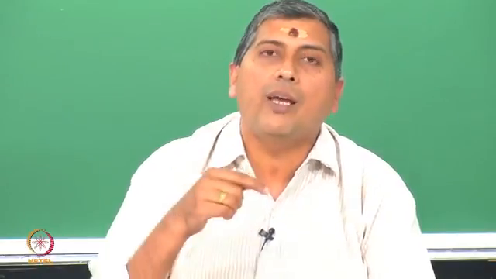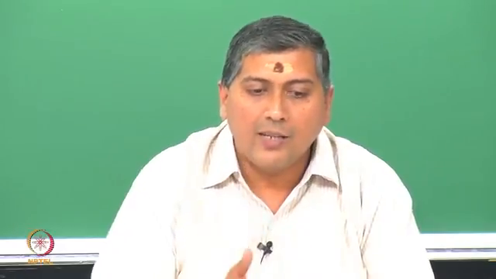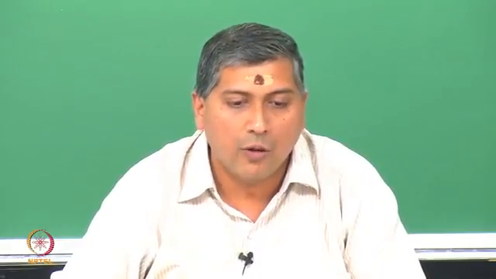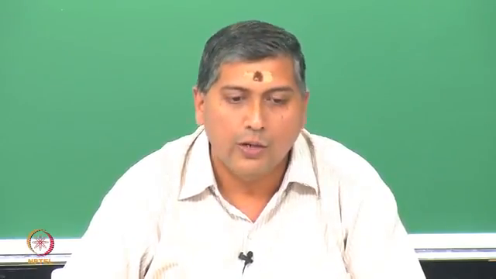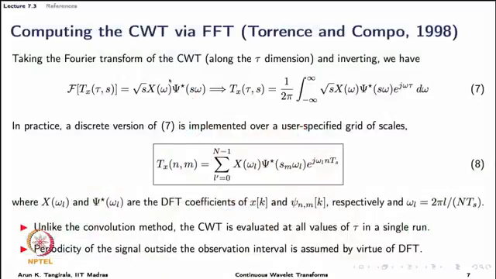The basic idea is to avoid the inner loop calculation in CWT, where I compute this convolution at each value of tau. With this algorithm, I compute the wavelet transform at a single scale in one shot for all values of tau. How do I do that? The Fourier transform helps me do that. The 1-dimensional Fourier transform of the CWT with respect to tau is given here: root s times X of omega times psi star of s omega, again by virtue of the Fourier transform property.